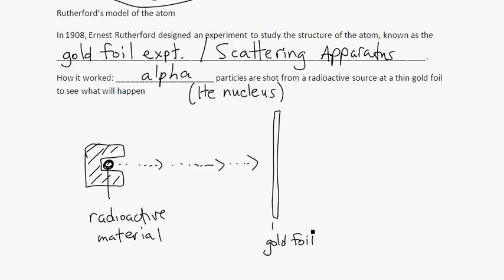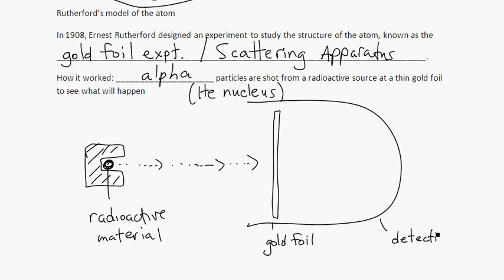Think of saran wrap, but thinner and made of gold. And then what they did is wrapped all around this, they had a detecting screen. And when the alpha particles collide with the detecting screen, it gives off light flashes.